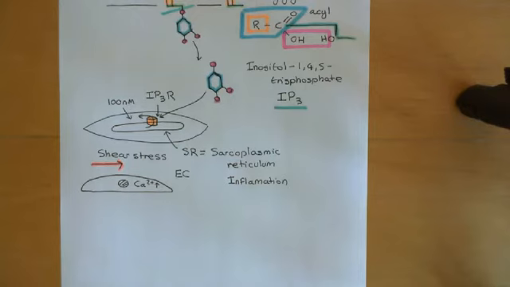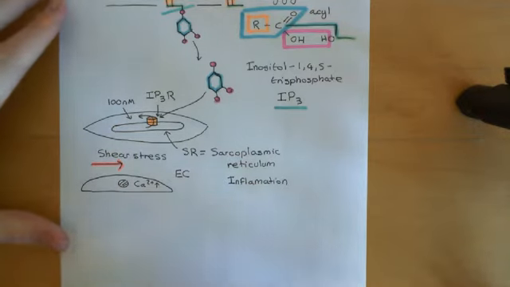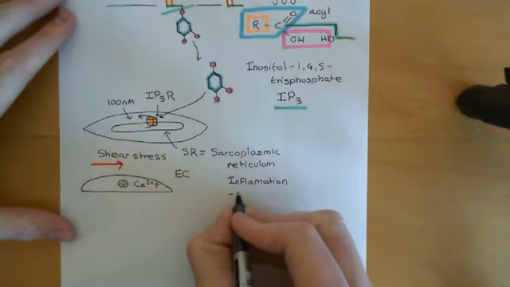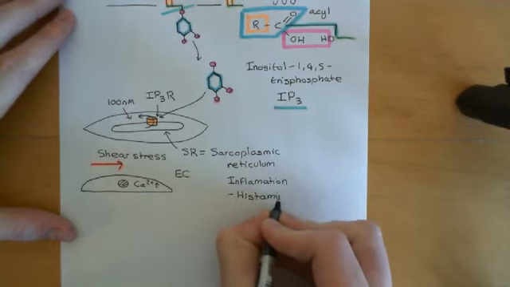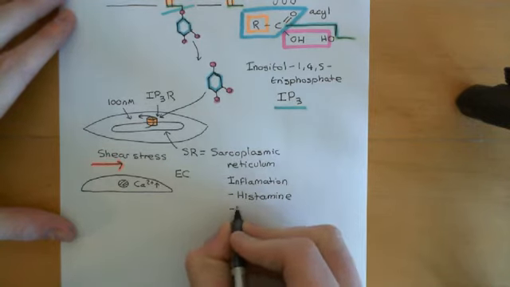And that's what leads to the vasodilatation of the arterioles in the inflammatory response that increases the amount of blood flowing to an area that is undergoing an inflammatory response. Key inflammatory mediators that are responsible for this are histamine, and also bradykinin.